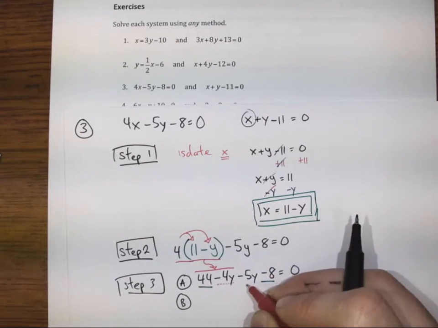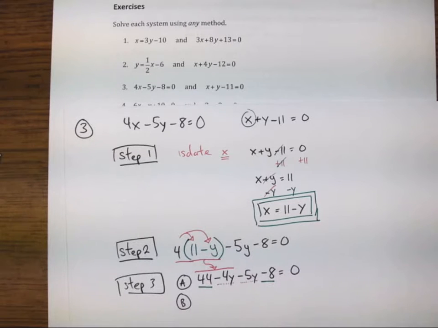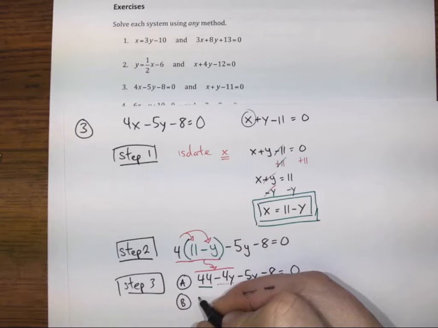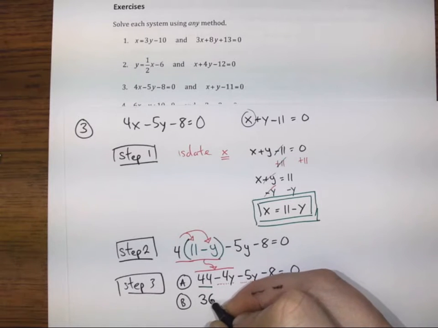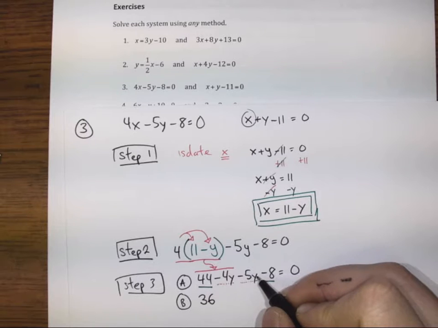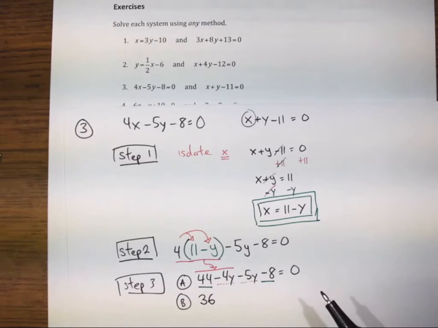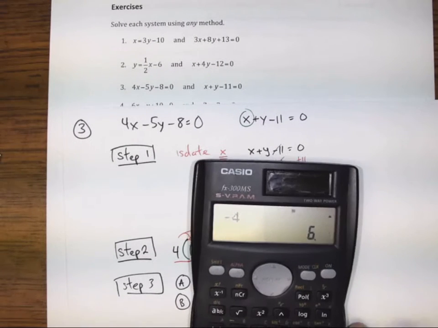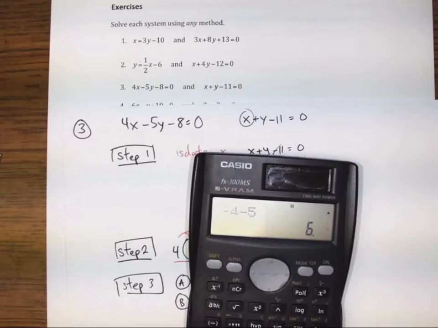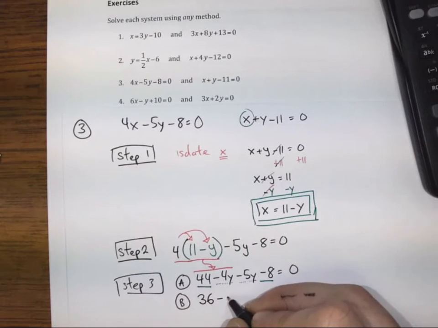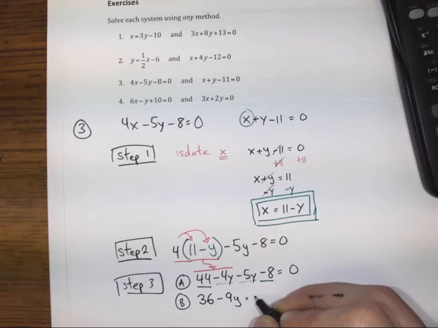And negative 4y and negative 5y are also like terms. 44 minus 8 gives us 36, and negative 4y, take away 5 more y's. Well, we already are at negative 4y, so we take away 5, and we find we get negative 9. So it's going to be negative 9y is equal to 0.